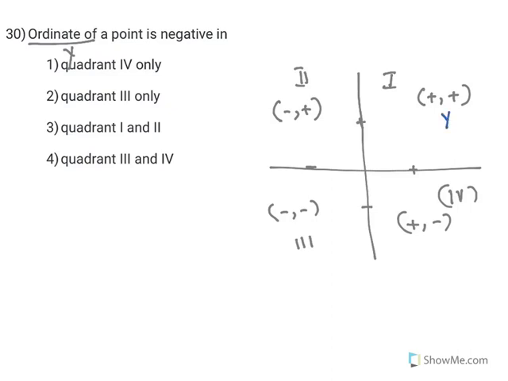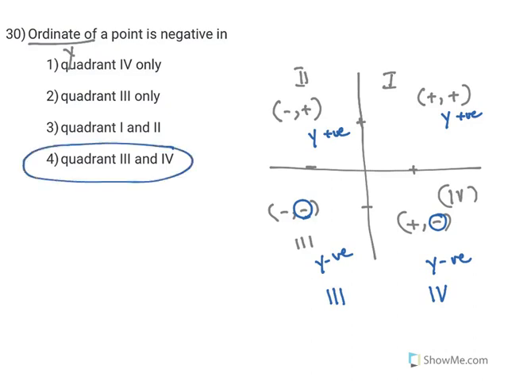Here y is positive. Here also y is positive. Here y is negative, and here also y is negative. So in which quadrants is y negative? In the third and in the fourth. So the correct option here is this one, third and fourth.